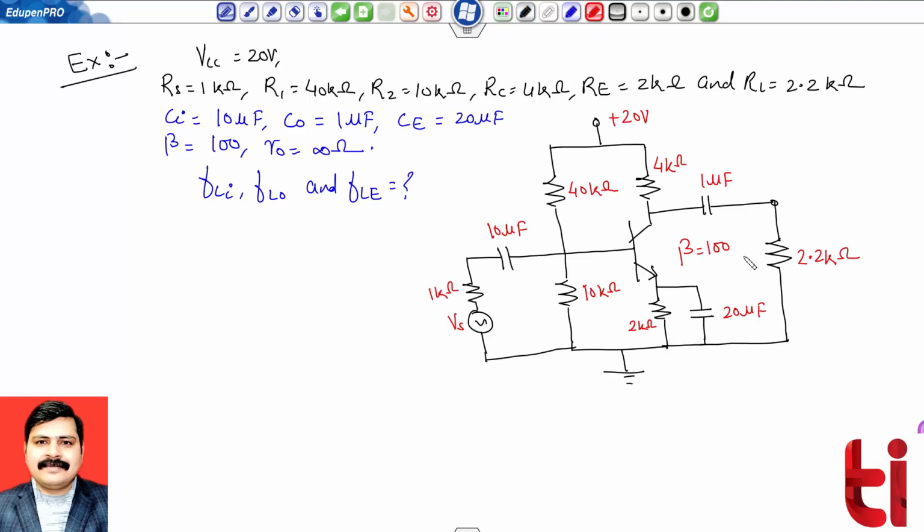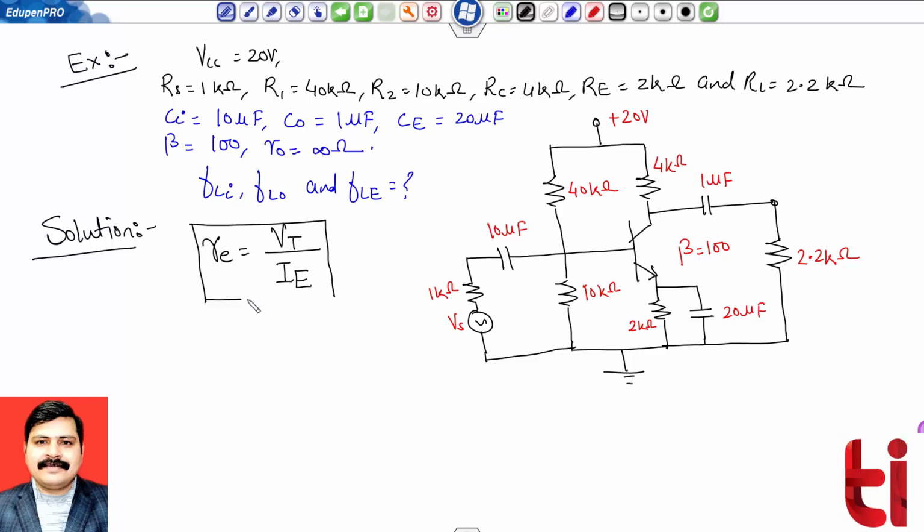So this is the data given. So for the solution purpose, we have to apply the re model, and in that re model, the value of re is VT divided by DC current IE, and for DC current we need the DC equivalent circuit for this. Okay, so we are not going into too much detail. Let's see, are we in a position to apply approximate analysis?